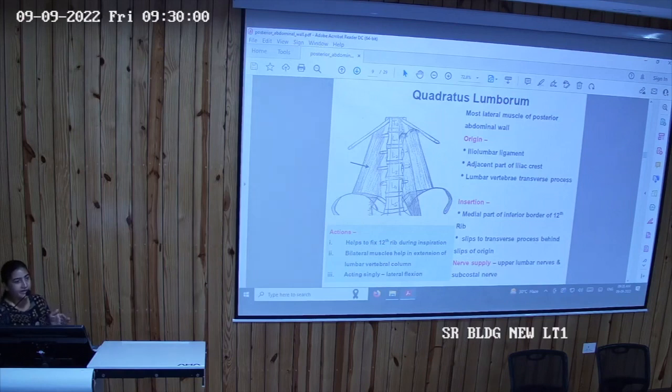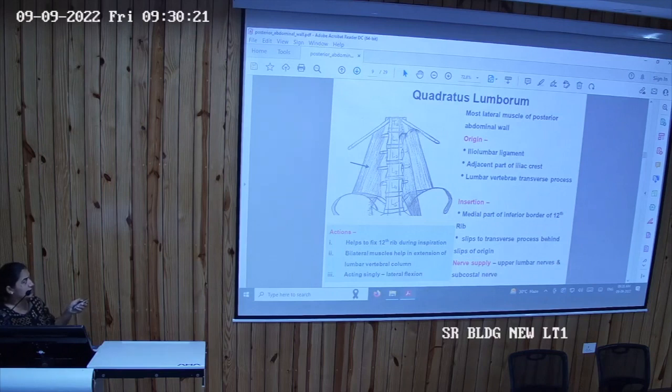We divide the iliac crest into ventral and the dorsal parts. Dorsally, ventrally it will not be, it has to be posteriorly. So dorsally it gives attachment to the quadratus lumborum. Then it is inserted onto the inferior border of the 12th rib.